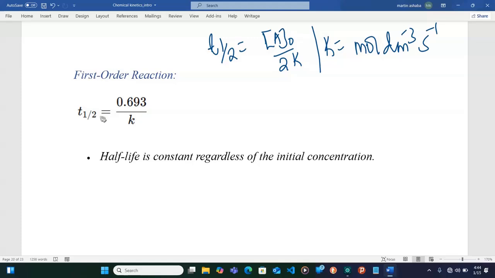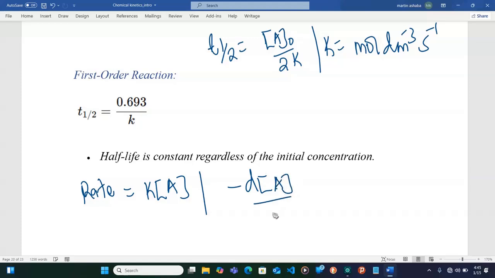how we get this expression for first order reaction. Now we are going to consider rate, first of all, for first order is equal to k times A. Then we also know that the reduction of the reactant A with respect to time is also going to give us rate.